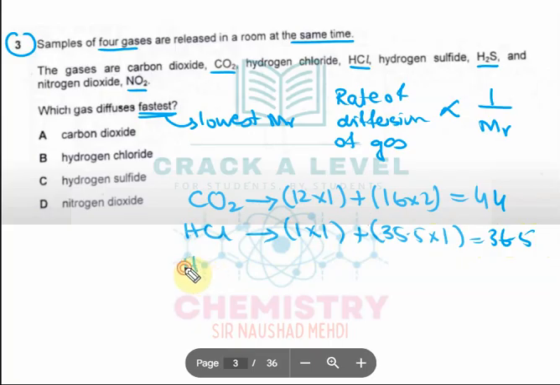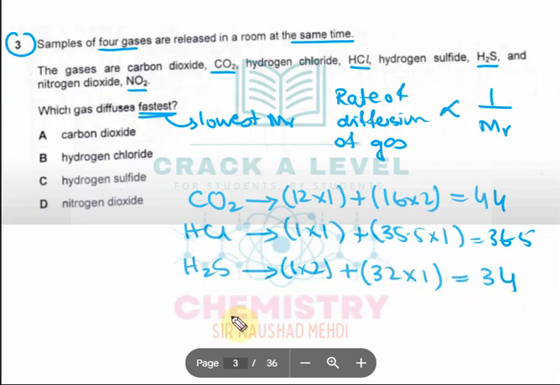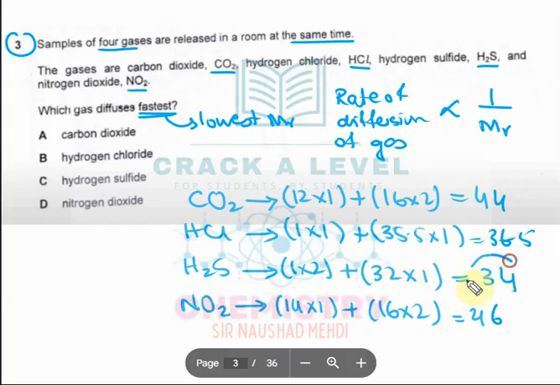Then hydrogen sulfide H2S: 1 multiplied by 2 plus 32 multiplied by 1, so you would get 34. Then nitrogen dioxide NO2: 14 multiplied by 1 plus 16 multiplied by 2, so it would become 46. The lowest Mr is 34, so hydrogen sulfide H2S is the correct answer.